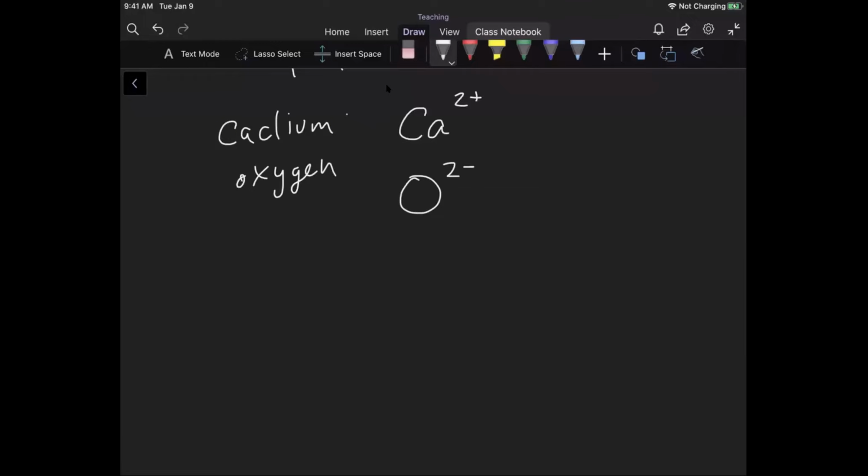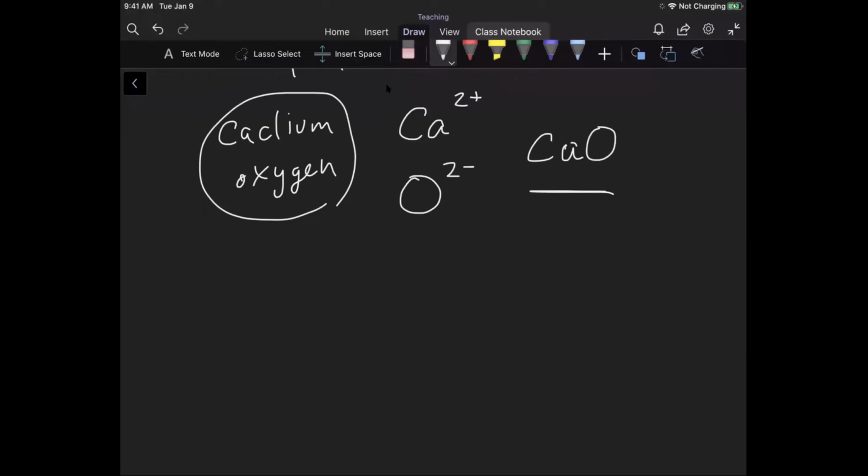Those are the ions that form from calcium and oxygen in an ionic compound. I put those two together to form the compound CaO. Whoops, that's not Cu, that's Ca. Calcium oxide, because the 2 minus and the 2 plus charges balance out to a neutral compound.